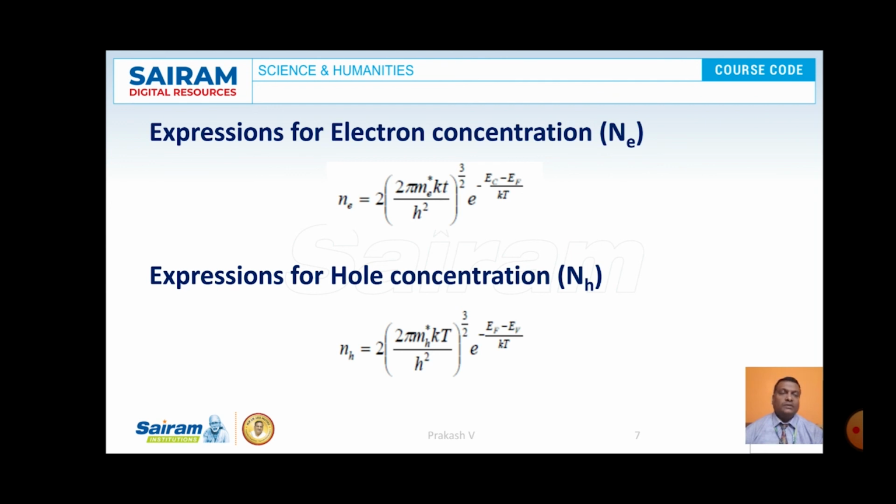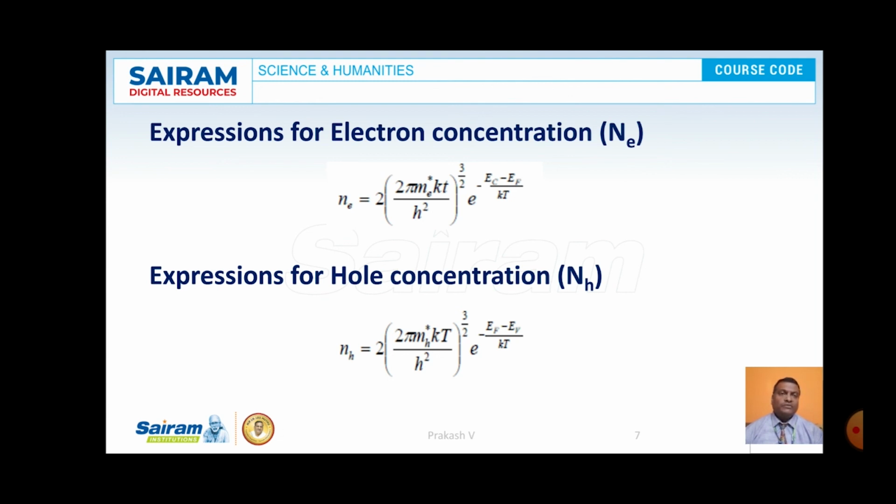Further, h is Planck's constant, and me* is the effective mass of the electron. You just have to remember the electron concentration expression. There is no derivation from the point of view of the syllabus.